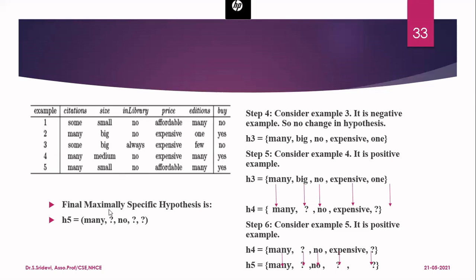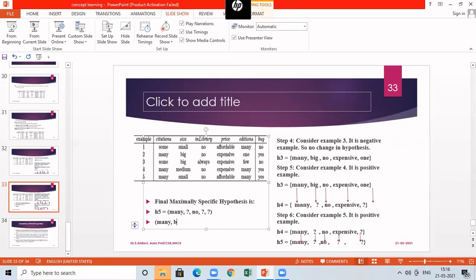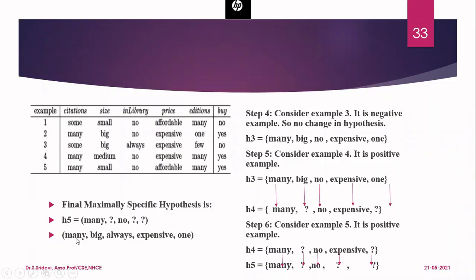So the final maximally specific hypothesis is many, question mark, no, question mark, question mark. Now consider a new example: many, then big, after that always, then expensive, then 1. What will be the answer for this? Yes or no? The first parameter is many. It should have many only, so it is correct.